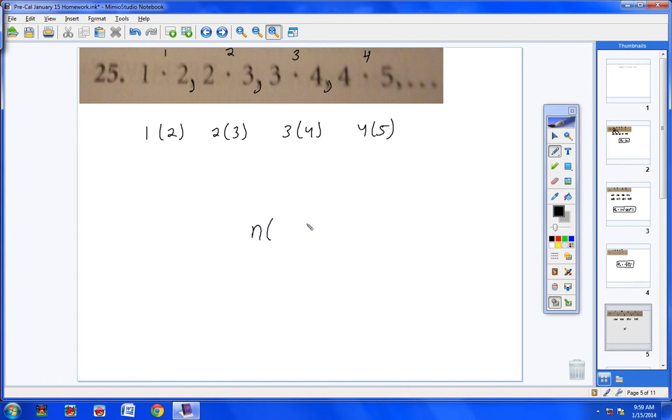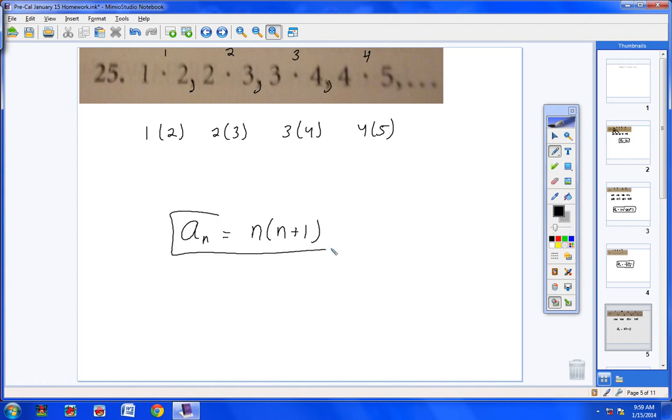And now inside the parentheses here, notice I have 2, 3, 4, 5. Now notice how 2 is 1 higher than 1, 3 is 1 higher than 2, 4 is 1 higher than 3, and 5 is 1 higher than 4. Do you see that? So all the numbers inside the parentheses are 1 more than the actual term that it is. So I'm simply going to put n plus 1 inside the parentheses.